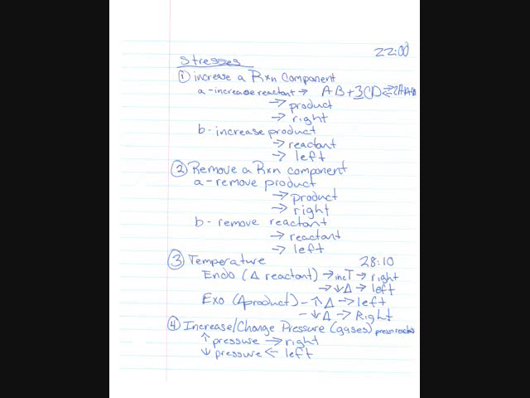All right? So if you increase reactant, it will shift to product. Meaning I've unbalanced it. I've now got an excess of reactants, so of course I'm going to want to start making more product because I want to get back to equilibrium. Or we also term that a shift.